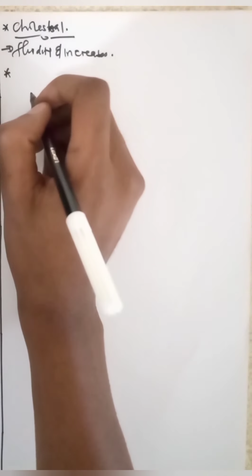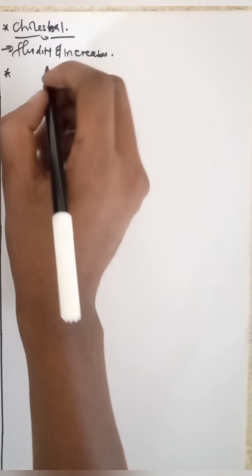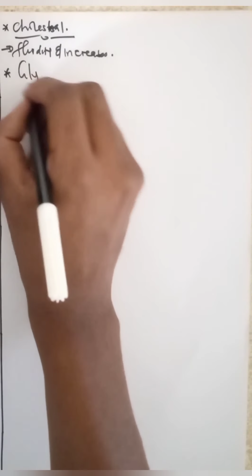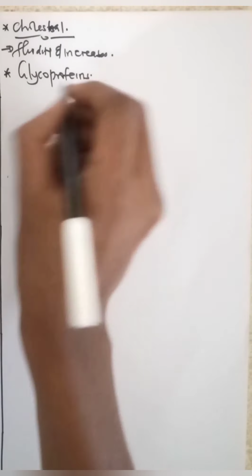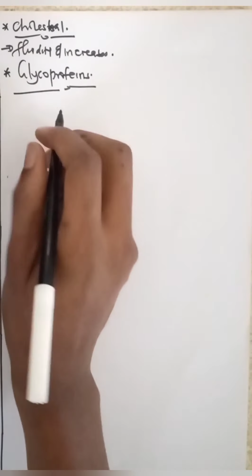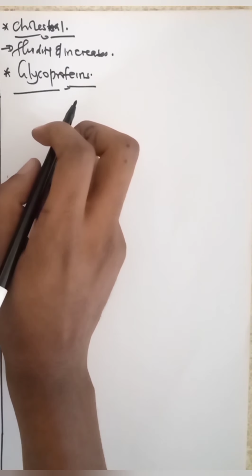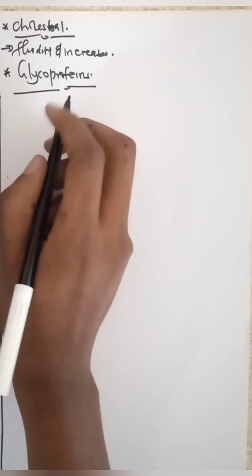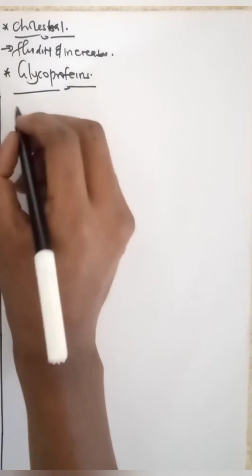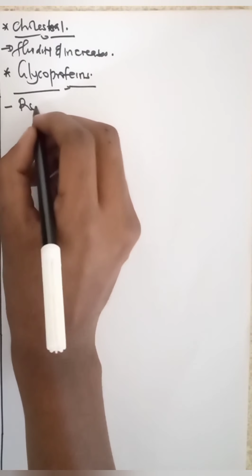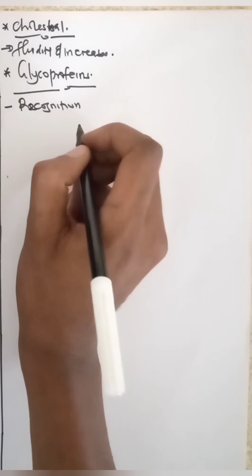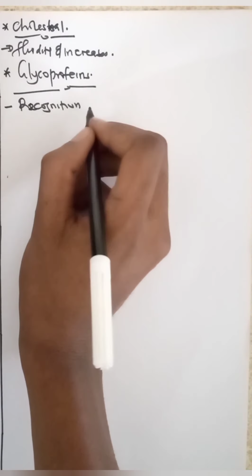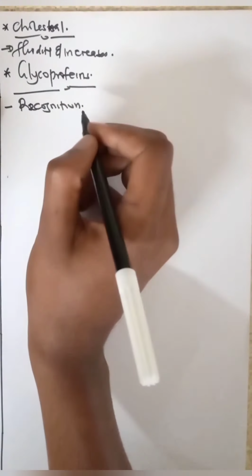Then the other key part of the plasma membrane is the glycoproteins, and these glycoproteins serve as attachment for other cells to help in recognition of and interaction with other cells.